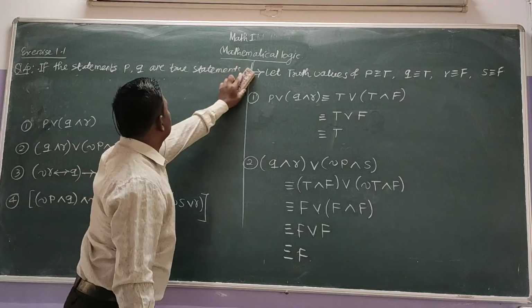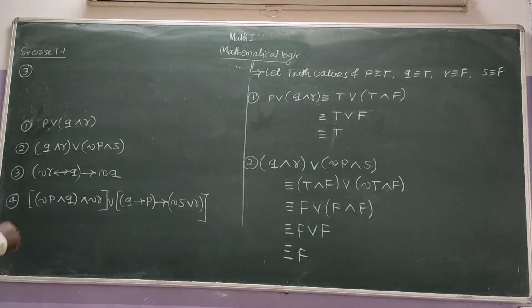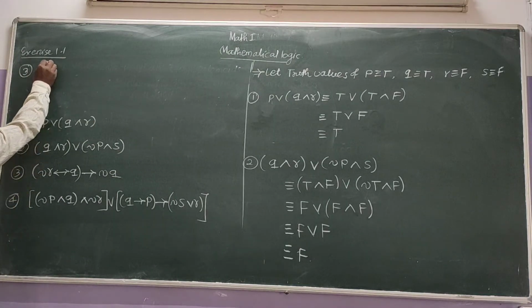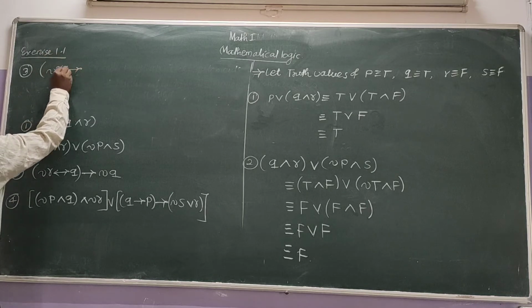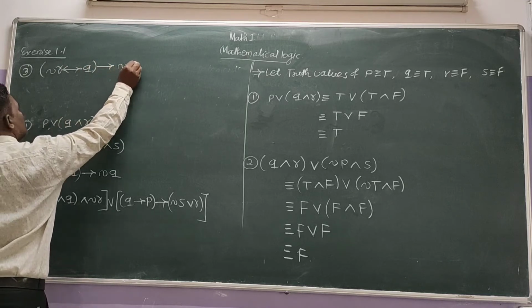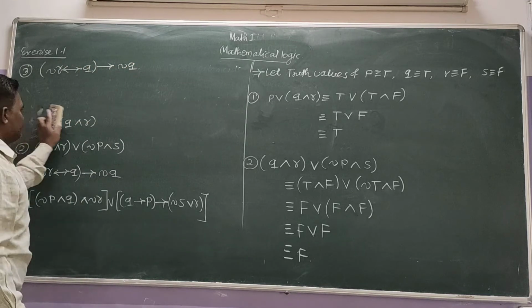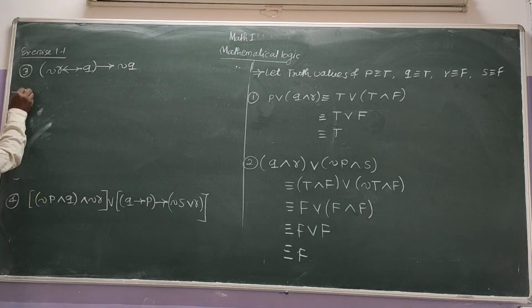Third example: in bracket negation of R if and only if Q, implies negation of P. Substitute the truth values of the simple statements.